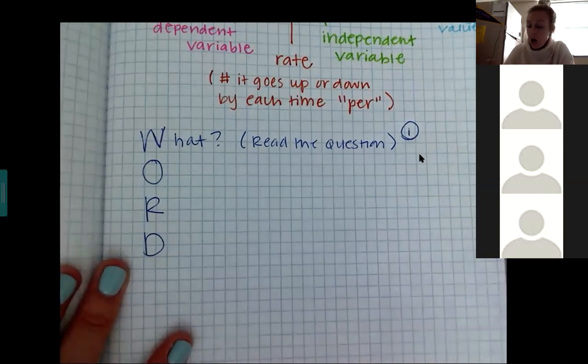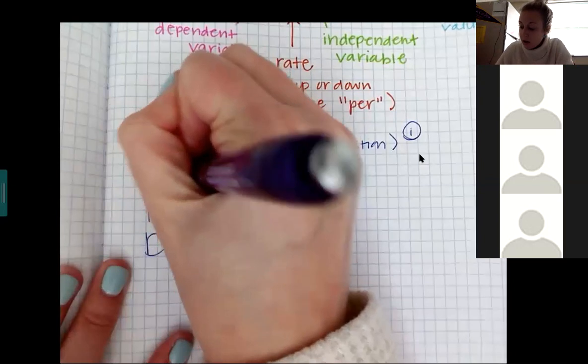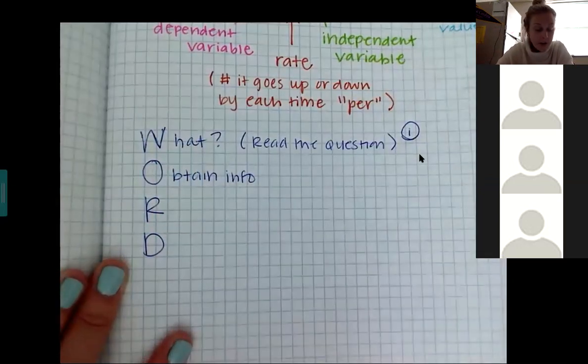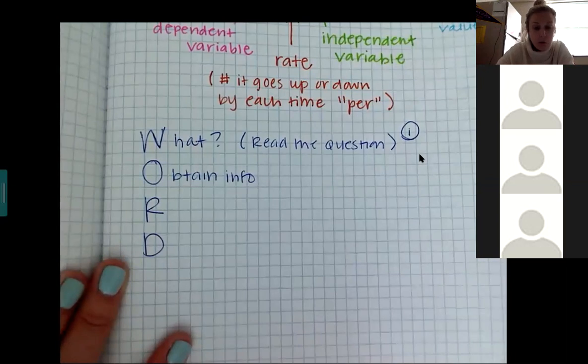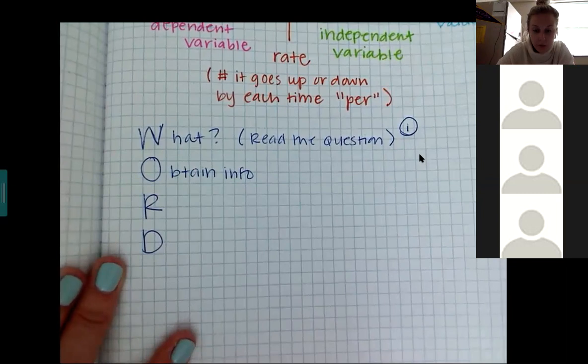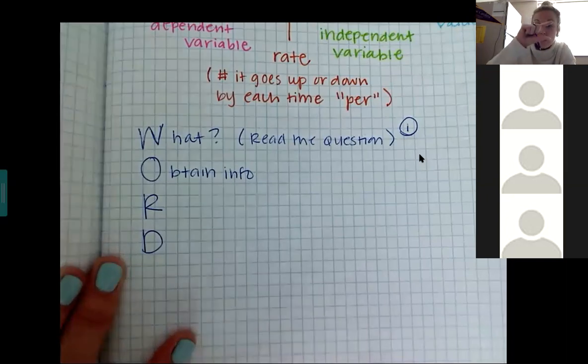All right, the O is going to be obtain info. So where do we go to obtain our information from the problem? I kind of just told you. Not the question, but the actual word problem.